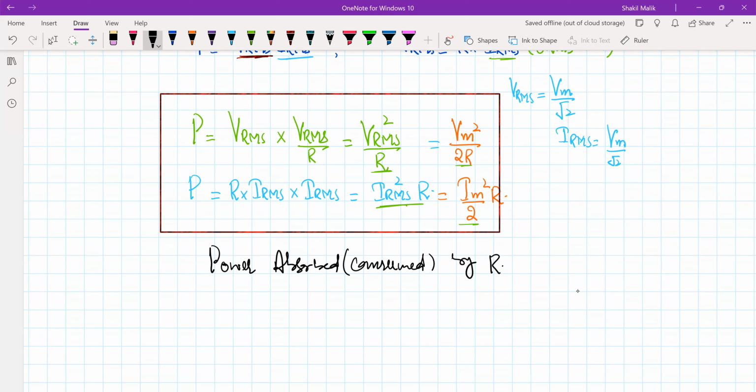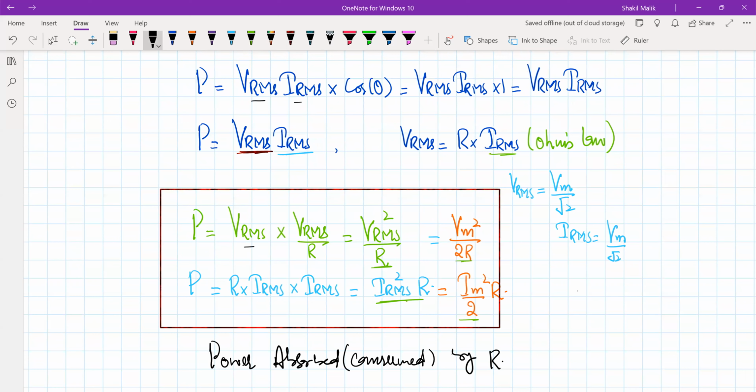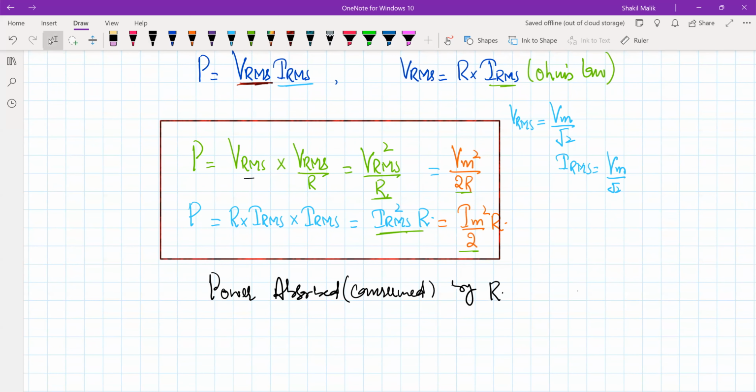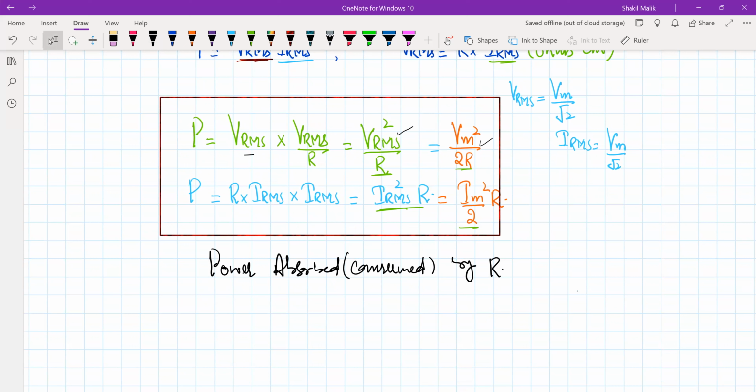If you know the voltage and currents, you can use the expressions with Vrms and Irms. But if you know only the voltage in terms of RMS or peak value across this element R, you can use this other expression. This is the power consumed by this resistor, and its unit is watts, W. So this is how we define the average power consumed by the resistor.